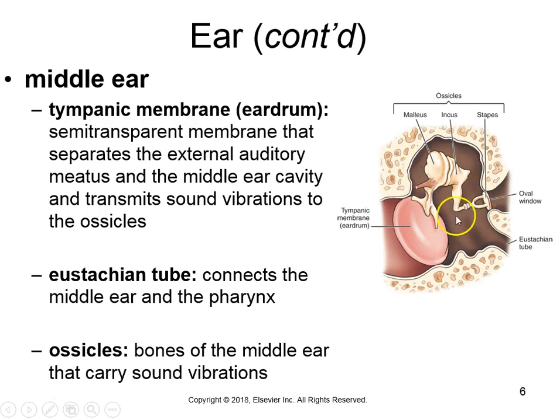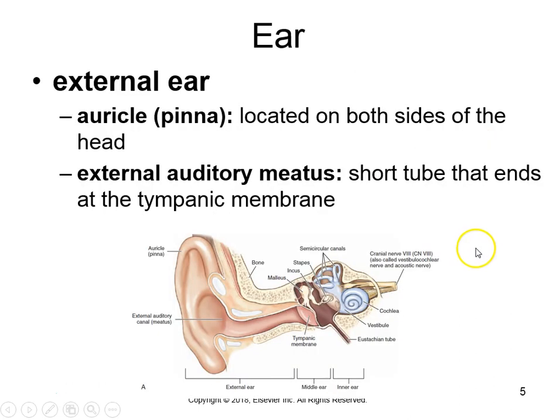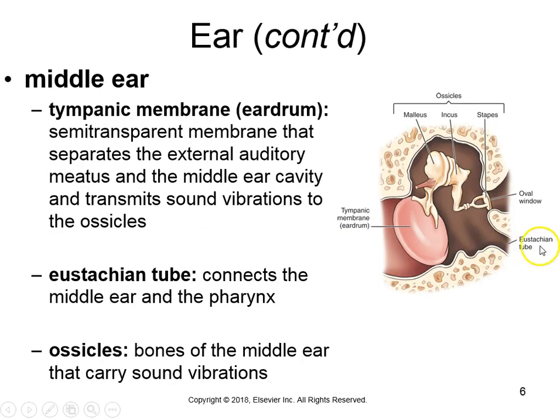And another thing that's not super pictured here, just kidding, is the eustachian tube. That's the little drainage tube right here. It drains into the back of your nasal throat cavity. And really that's responsible for equalizing pressure in the middle ear.